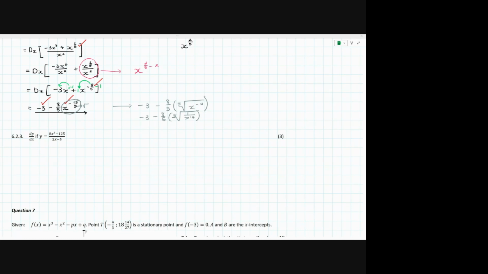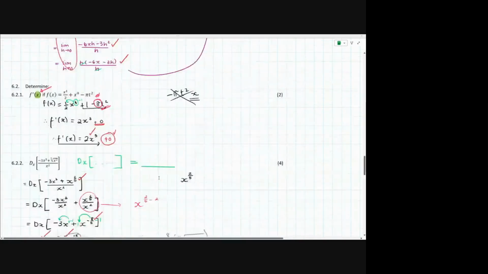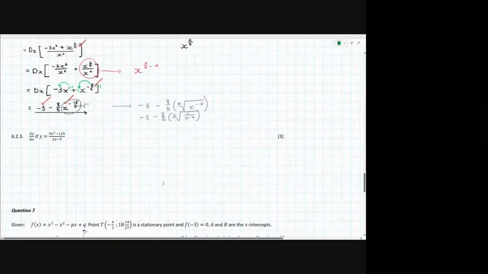And then in Mpumalanga, I think it was this year, this was their June paper, they decided, you know what, let's throw caution to the wind and let's give this to them. So, a quick recap of factorizing those. You either get the sum of cubes or the difference of cubes.